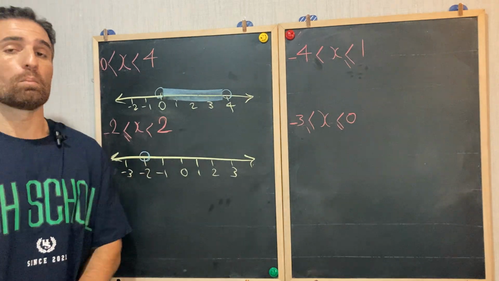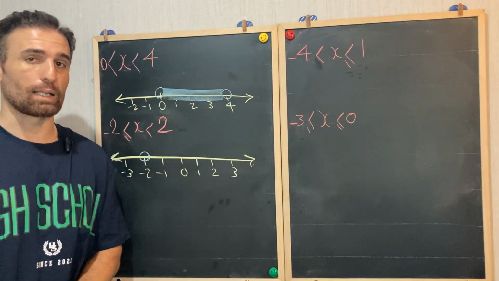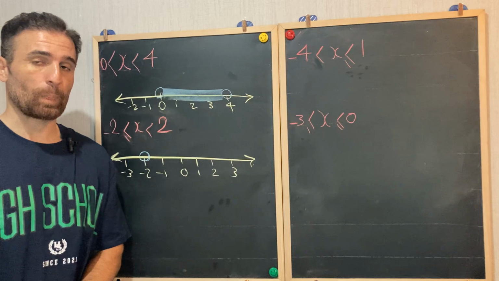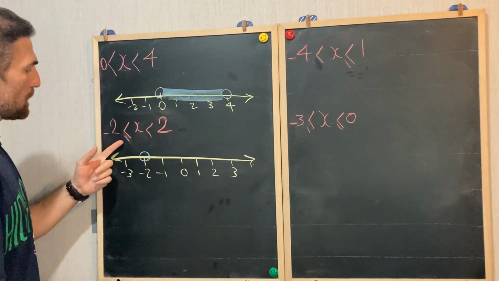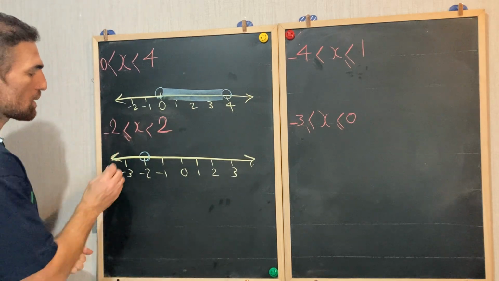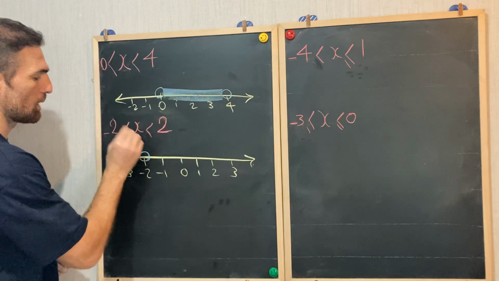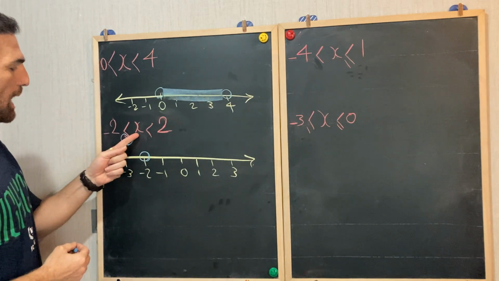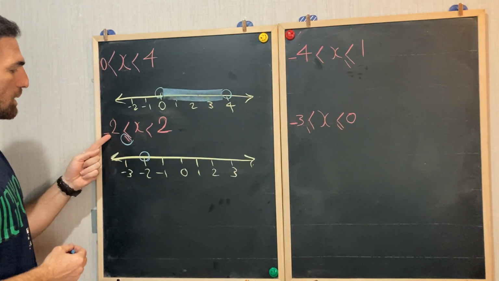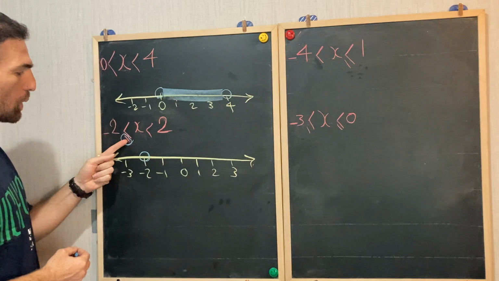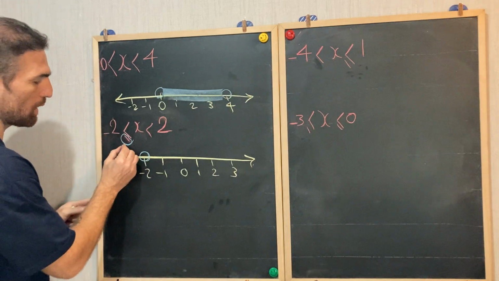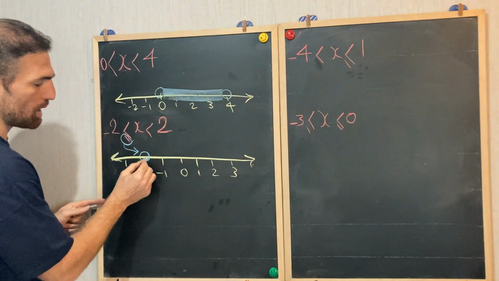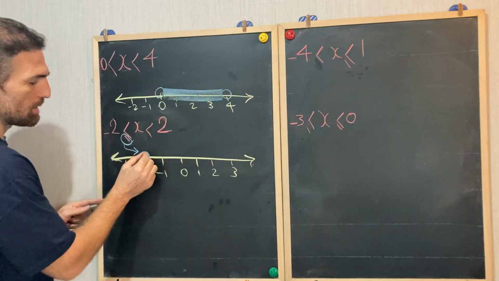This circle must be a solid circle or open circle. Right. It must be a closed circle because of this equal. It says x is greater than or equal to -2. That is why we need to shade this circle.